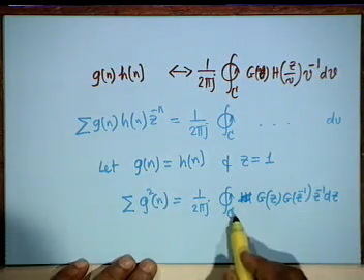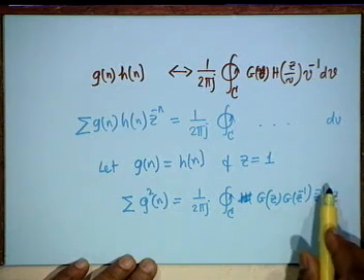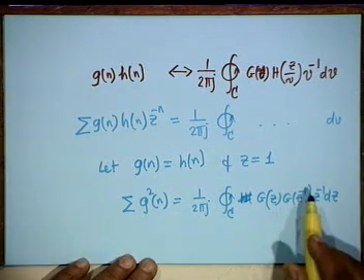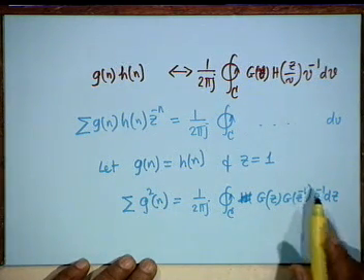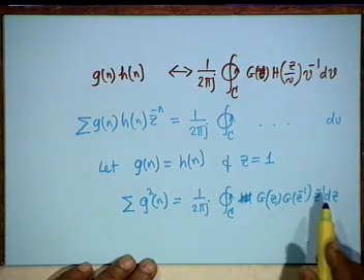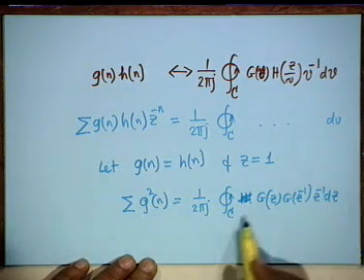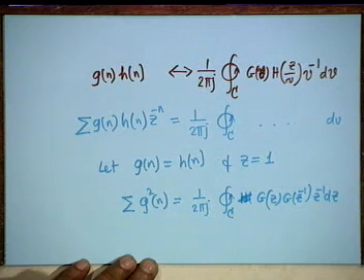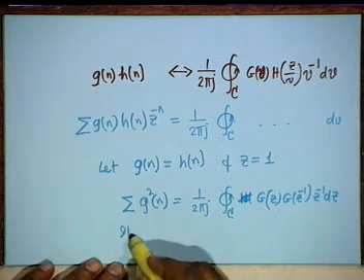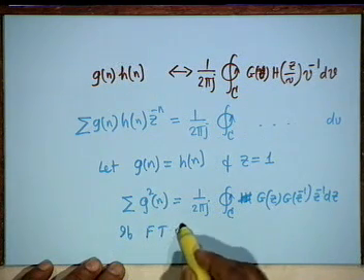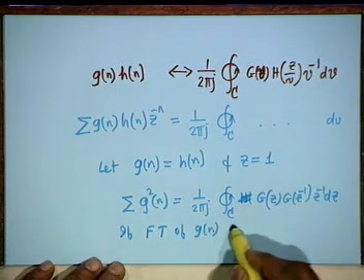Now, if the region of convergence includes the unit circle, then we know the Fourier transform exists. In other words, the contour C can be the unit circle if the Fourier transform of g of n exists.